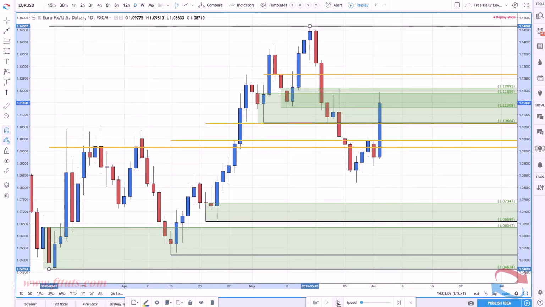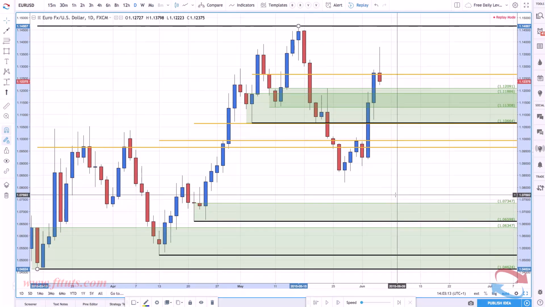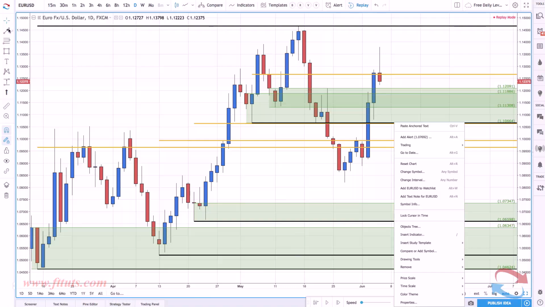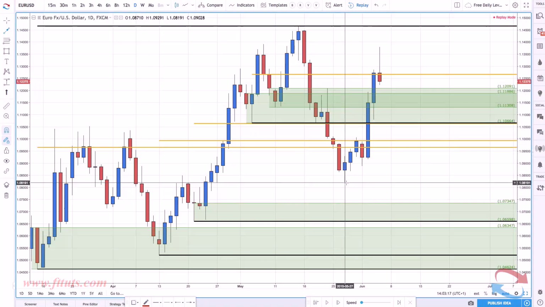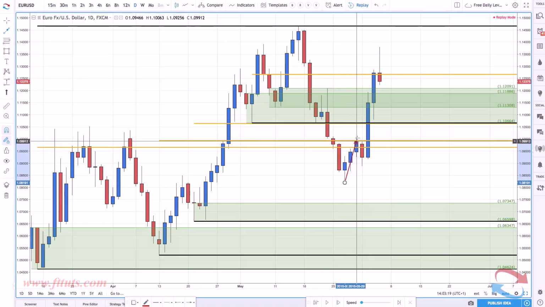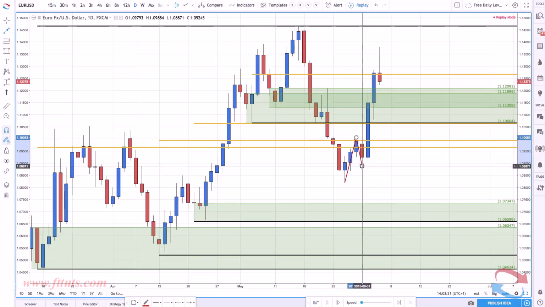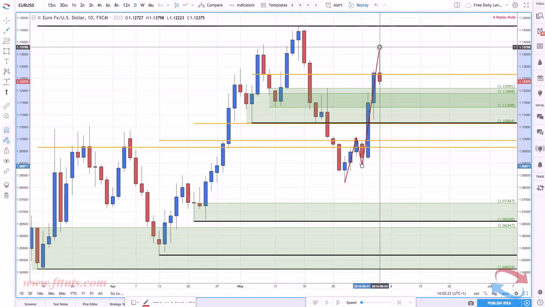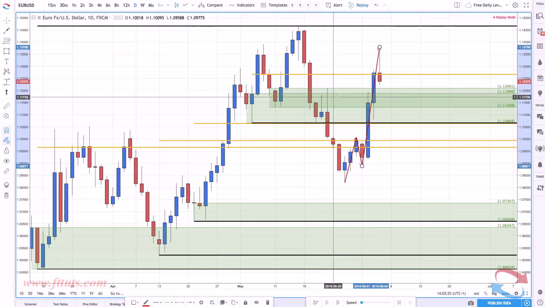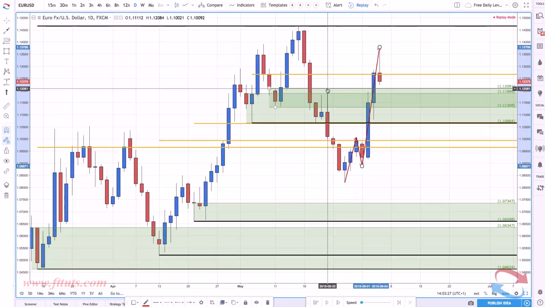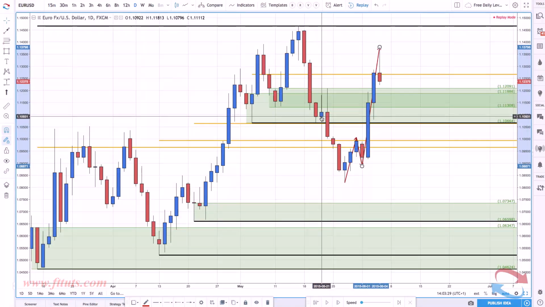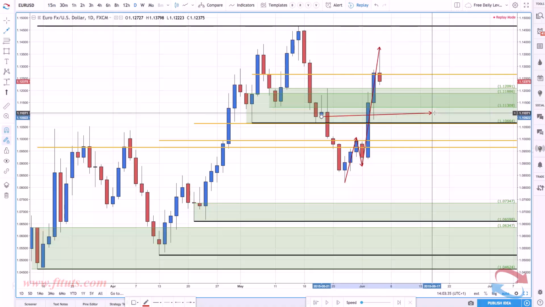So we keep going forward, and now we've created really this area of demand. So price has come down, then we've created a higher high, higher low. We've broken past this area here, right? This would have been an area of supply, as we've created lower highs and lower lows.